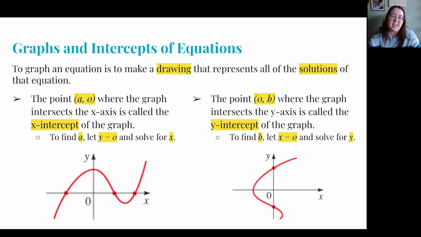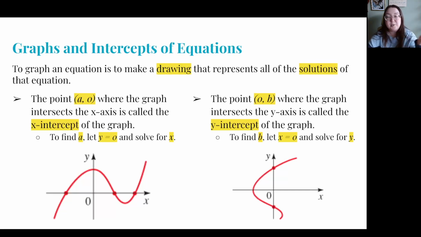So the point A, 0, where the graph intersects the x-axis, is called the x-intercept of the graph. So we see in the image here, we have this line that goes through, and we have points that follow along with our line. We see there are points that are located there along our x-axis that follow that graph. So because we have those, we can figure out what our x-intercepts are by graphing.